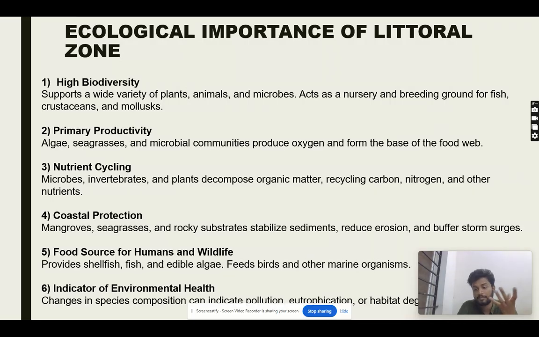Sometimes the habitat may be degraded due to lack of availability of nutrients or something like that. So the species composition of a particular zone, here the littoral zone, is very important. It is a deciding factor of whether the zone is currently rich in nutrients or not, and an indication of pollution basically.